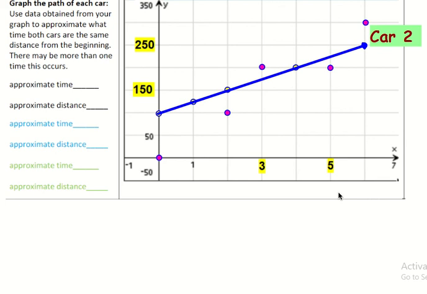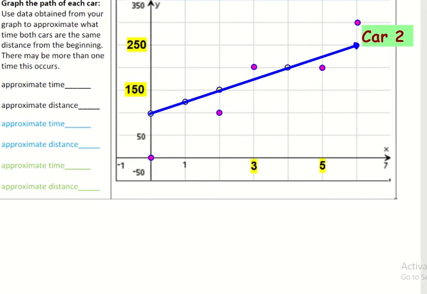And notice we are going to use lines to connect the dots, but lines as in plural, there's going to be more than one line because this is not a linear function. He keeps changing his speed, so we have to adjust accordingly.